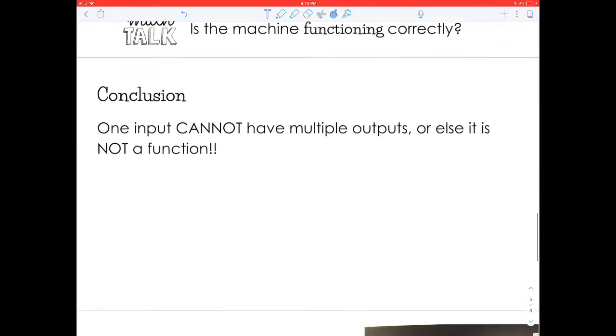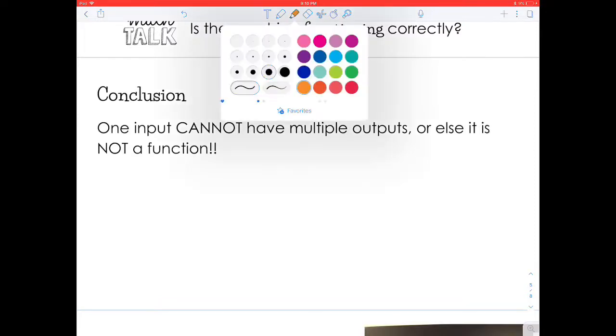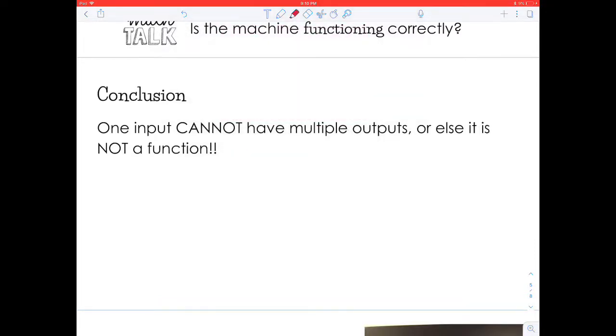Okay, so in conclusion, one input cannot have multiple outputs. This is very important. One input cannot have multiple outputs. Okay, or else it is not a function.